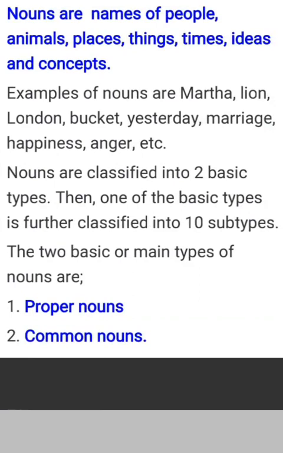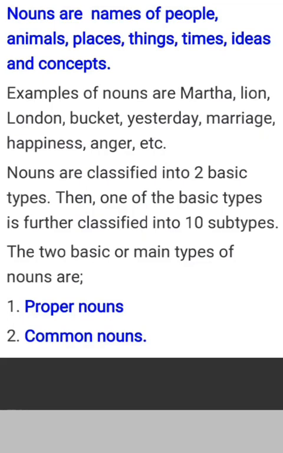Yes, we learnt this in the grammar lesson before this, that words that are names of people, animals, places, things, times, ideas, and concepts are referred to as nouns, forming one part of speech among the 9 parts of speech that exist in English.